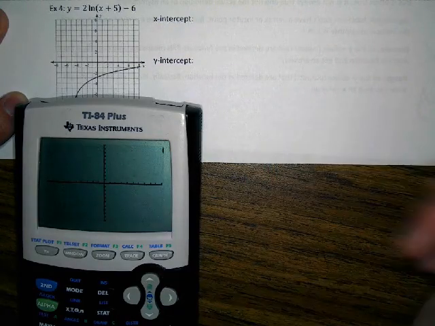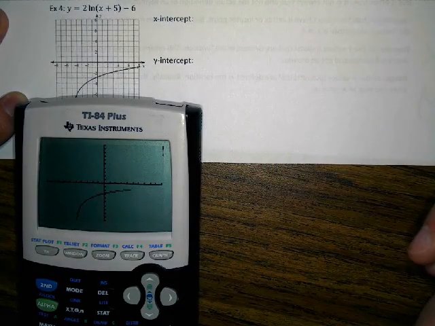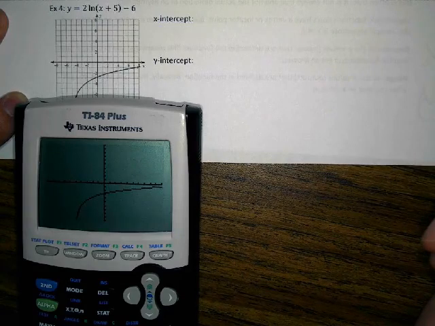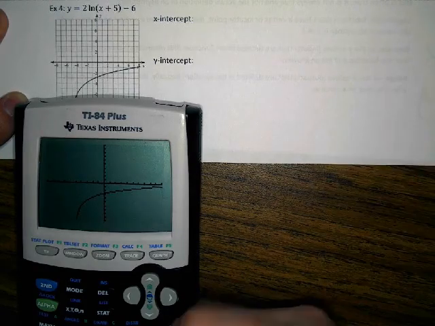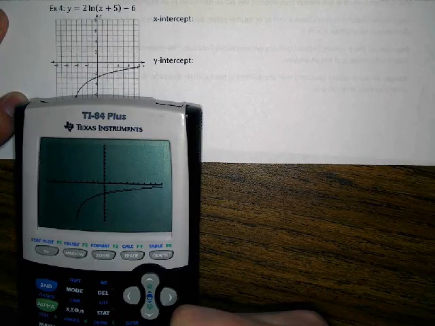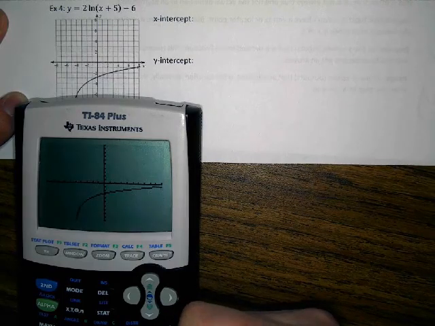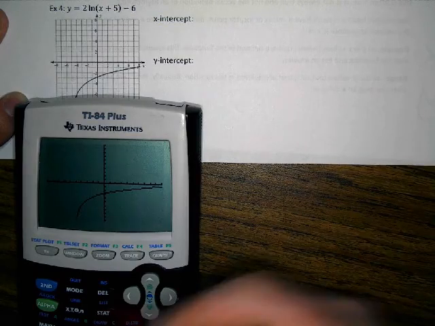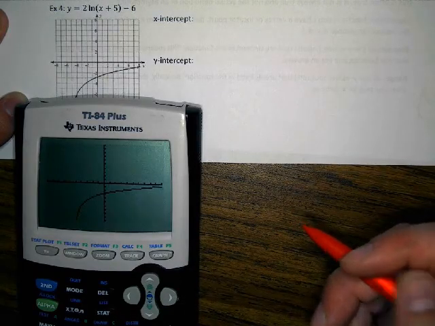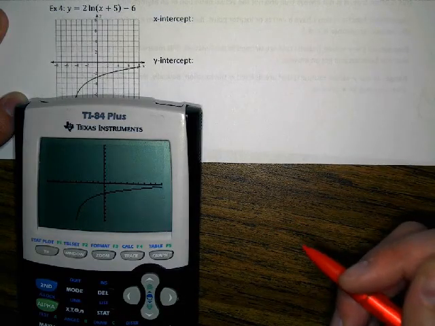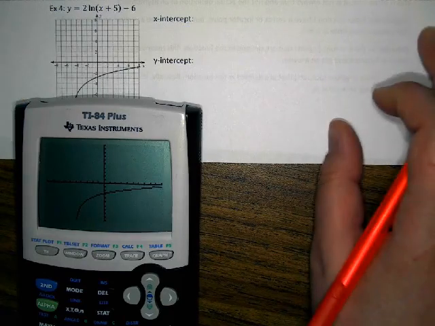The ln button is under the log button. It's kind of next to the 4, between the 4 and the 7, off to the left side. All right, everybody getting it graphed? Looks like this.